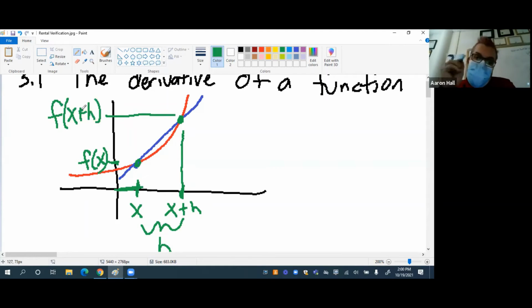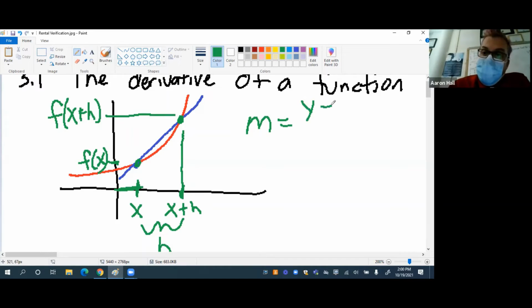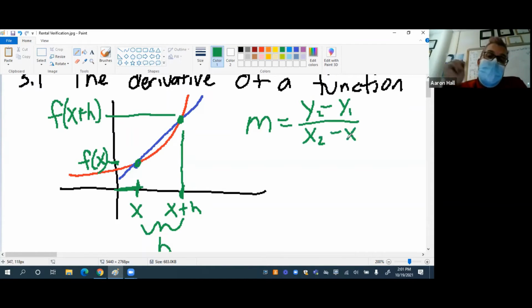So if we use our equation for an average rate of change, the slope is the difference between our y values over the difference between our x values.